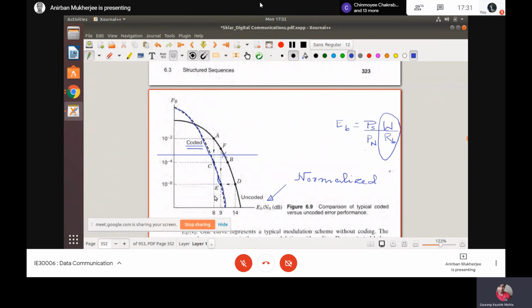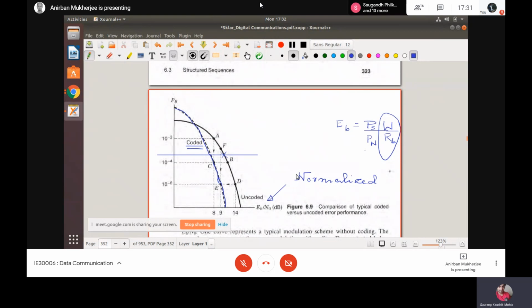When the signal to noise ratio is less, I have to pump less power on the transmitter side, so my battery life will increase at the transmitter side. If you do baseband communication, I need not pump that much energy into the symbols, so that you can manage with the signal to noise ratio.